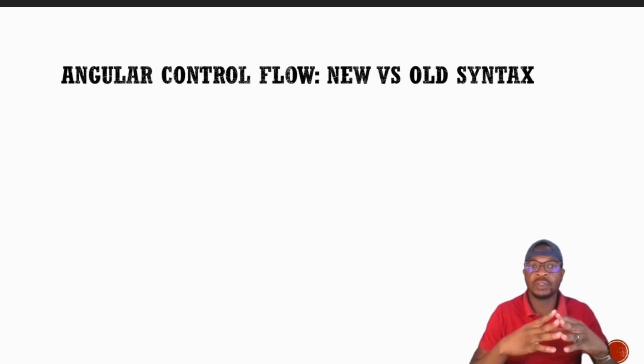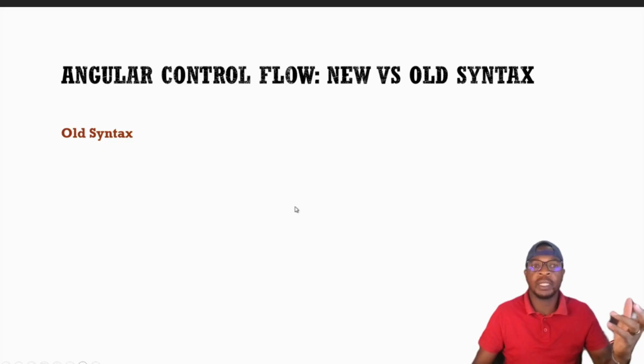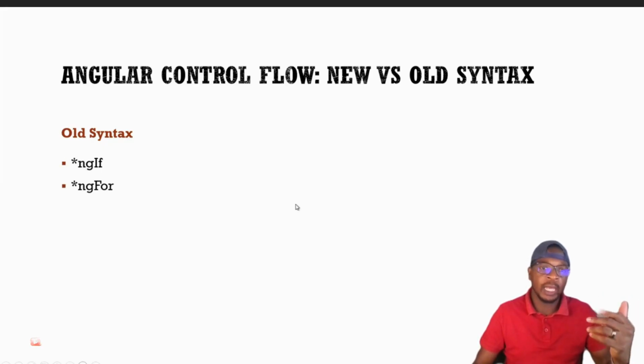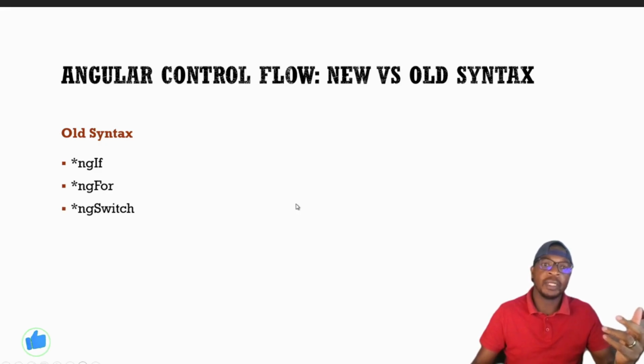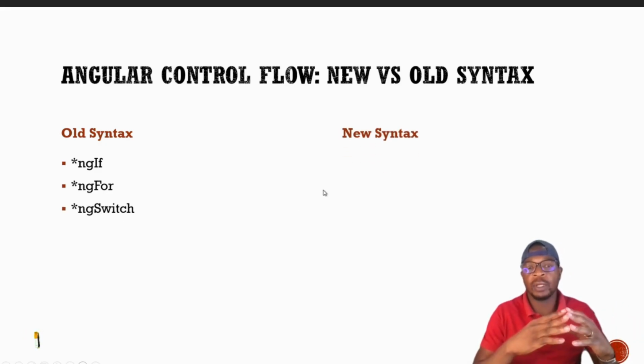In earlier versions of Angular, developers used structural directives such as the ngIf, the ngFor, and the ngSwitch. But in modern Angular, particularly starting from Angular 17 going up, a new and more readable control flow syntax was introduced.